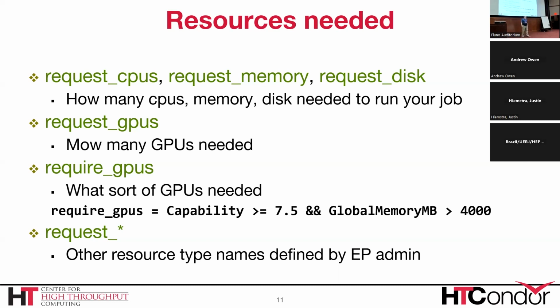So you, as a submitter, you can't really make up your own resource types, but the execution point administrators can, and then tell you how to use them. We do this in the CHTC with jobs that want a lot of bandwidth. We call it, I can't remember now.